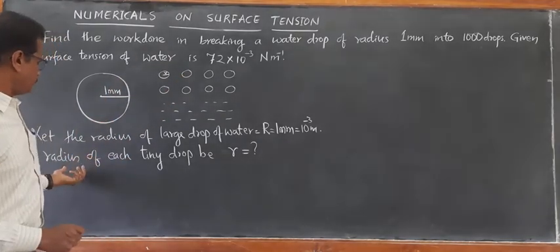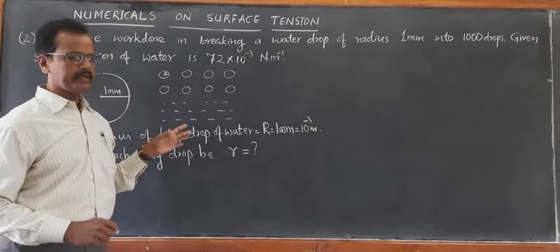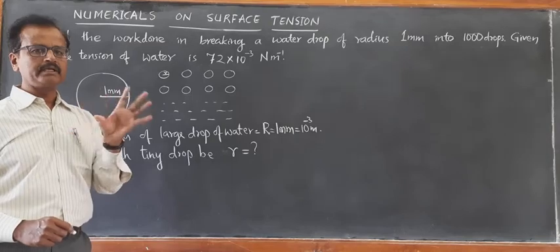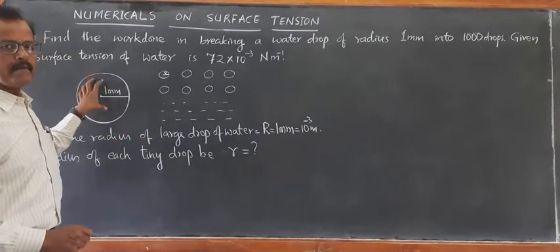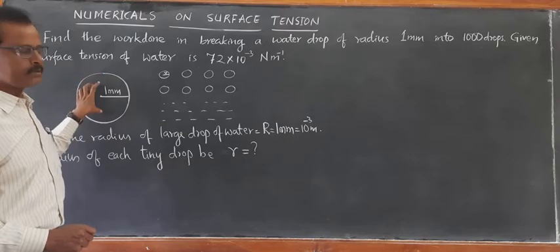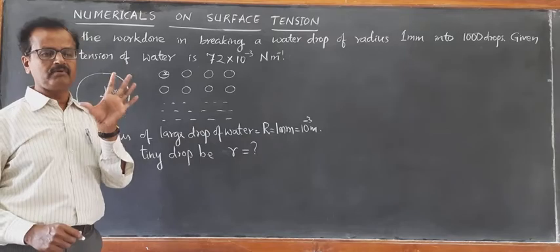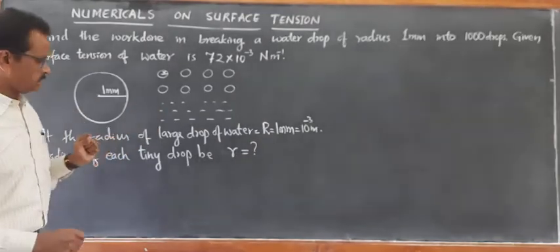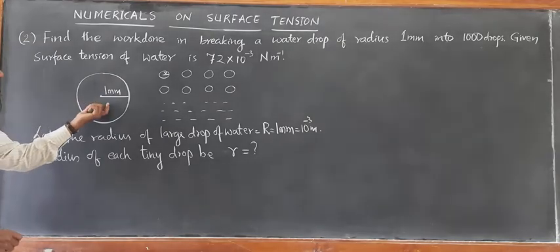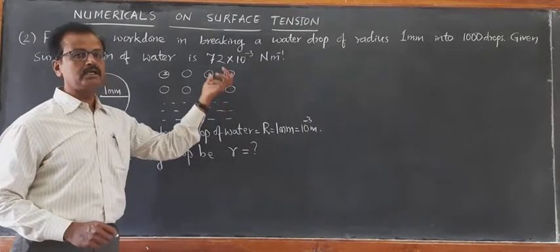Okay. So when a large drop is broken into 1000 tiny drops, the volume of water is not lost. The same volume of the 1 millimeter radius drop is broken into 1000 tiny drops. So the volume of water is not lost. Right? So the volume of one large drop is equal to the volume of 1000 tiny drops.